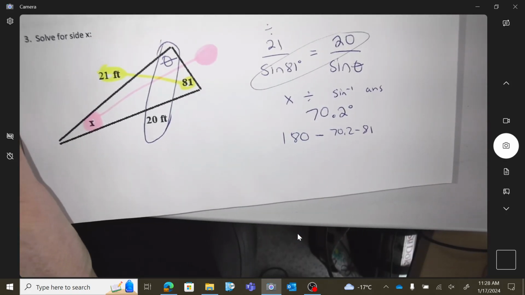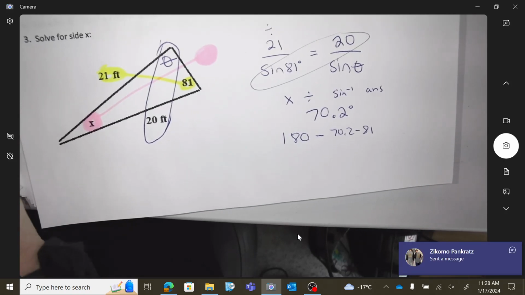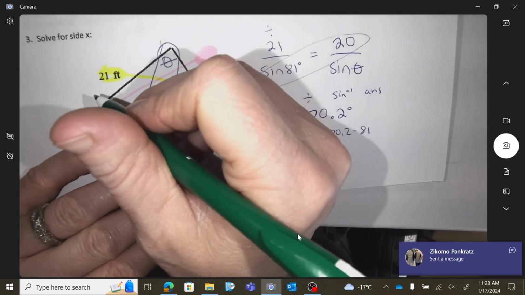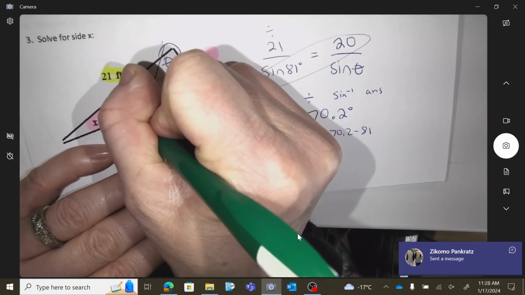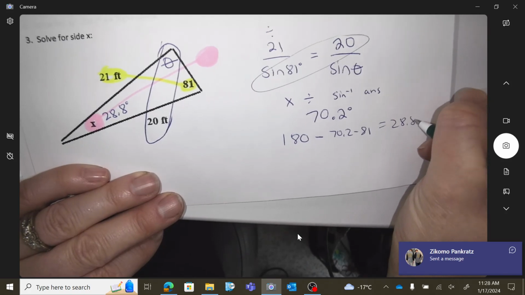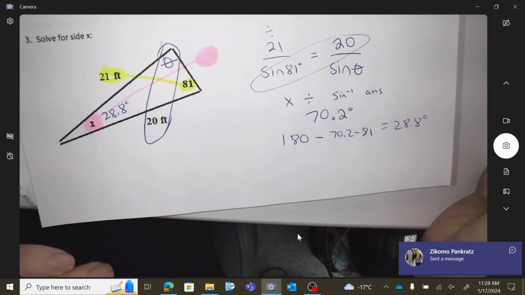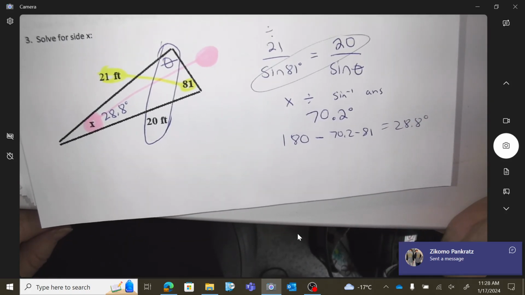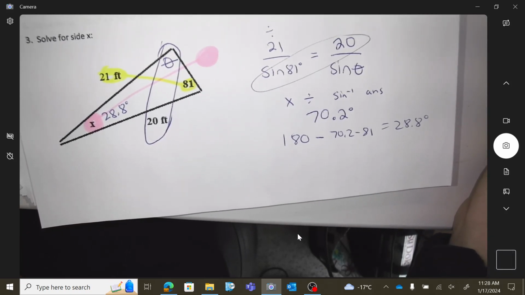Okay, now I'm going to minus. Okay, that's it. I was asked to find angle x, and then I'm good.